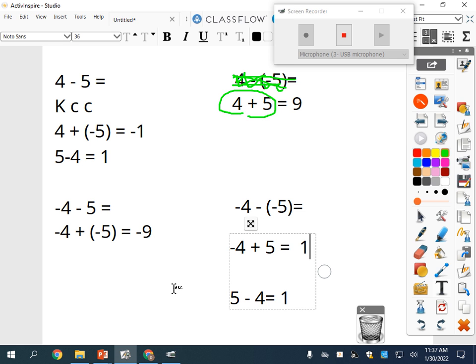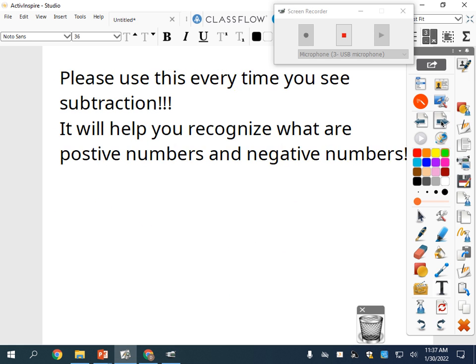So keep, change every single time. Keep, change. Okay? All right, so now, please, make sure that you guys do this every time you see subtraction.